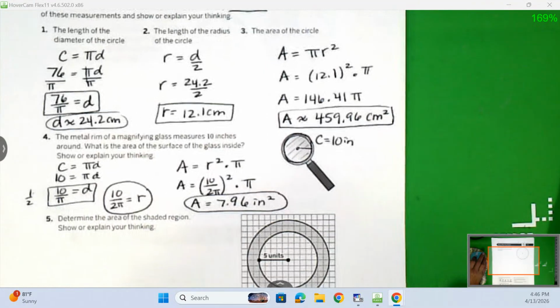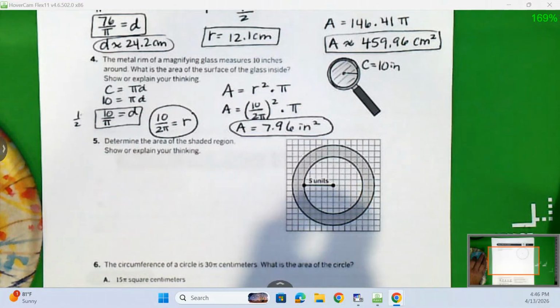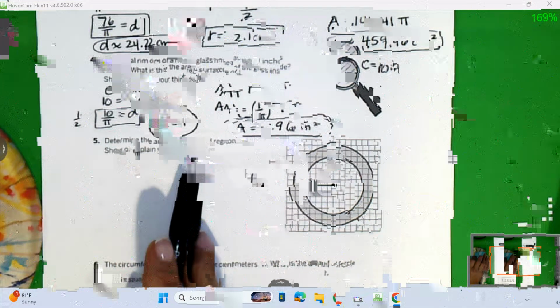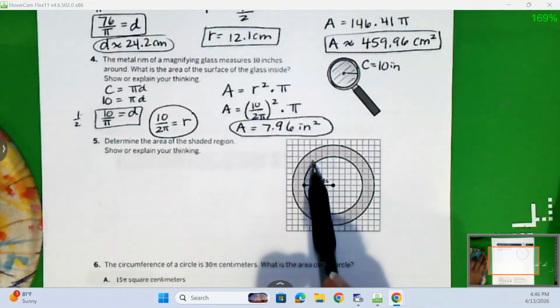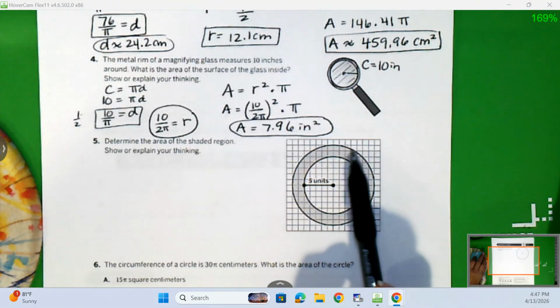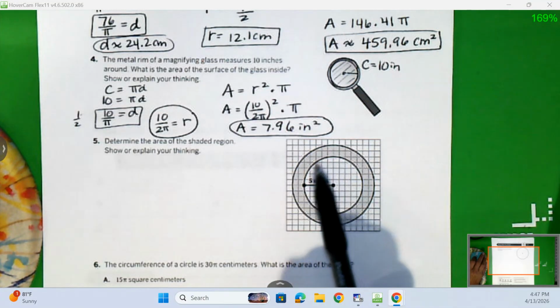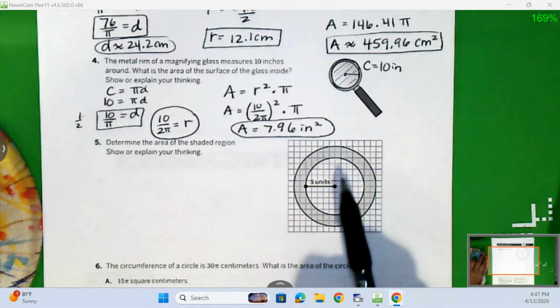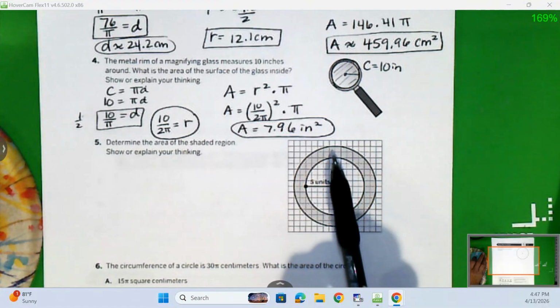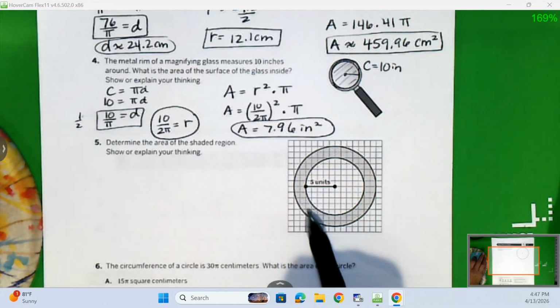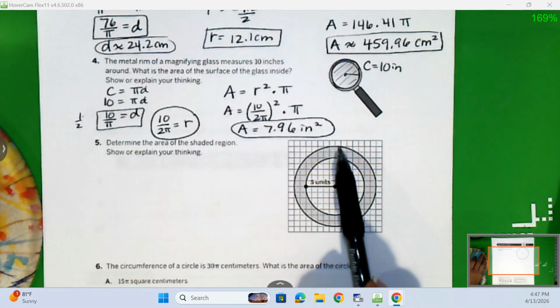Okay, question 5 is a little more challenging because they want us to determine the area of the shaded region, which is just this donut piece. So to get the area of that shaded region, we're going to have to get the area of the smaller circle and subtract that area from this outer circle, which is much larger.